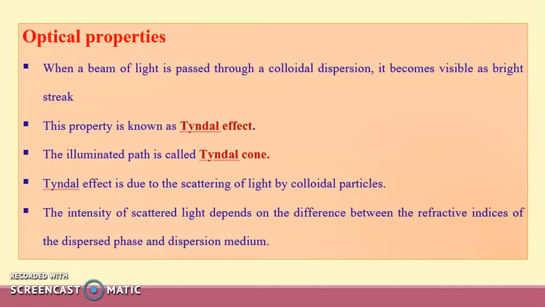But in a colloidal system, the particles are bigger. The size of the particle will be in the range of 1 nanometer to 1000 nanometer. So these particles can scatter the beam of light. Hence, we can see the path of the light through a colloidal system.